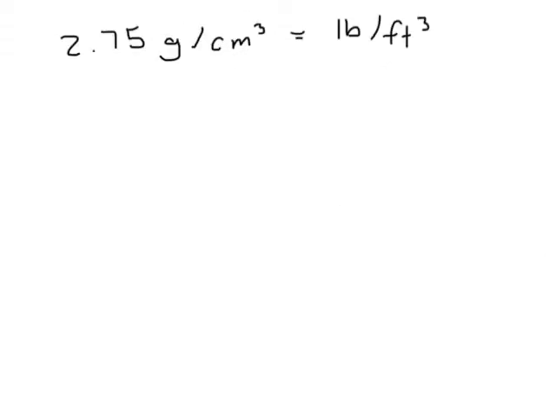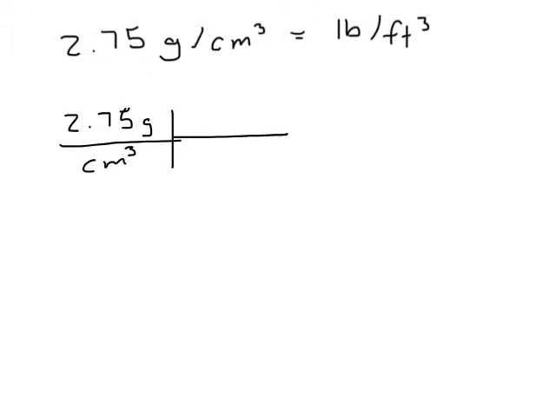Let's do one more of these kind of combined 2-unit problems, and this is going to be a nasty one because it involves our cubic units too. So these are density units, mass per unit volume. Pounds are a weight, but that's just the failure of English units to not have a convenient mass unit. So weight per unit volume. So I'm going to say 2.75 grams per centimeter cubed.